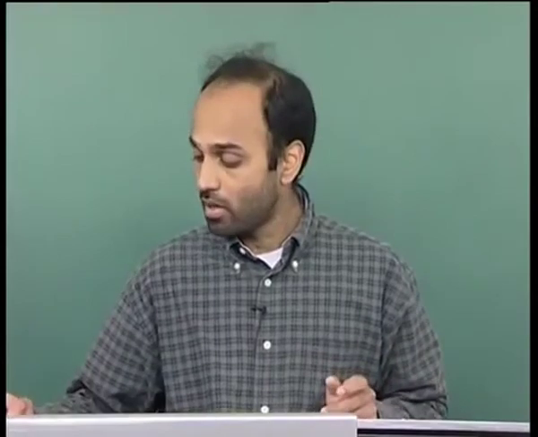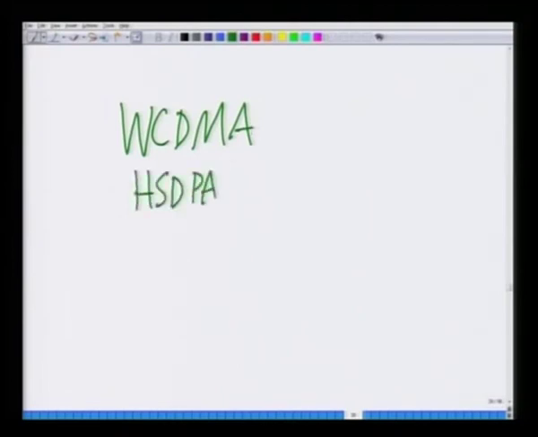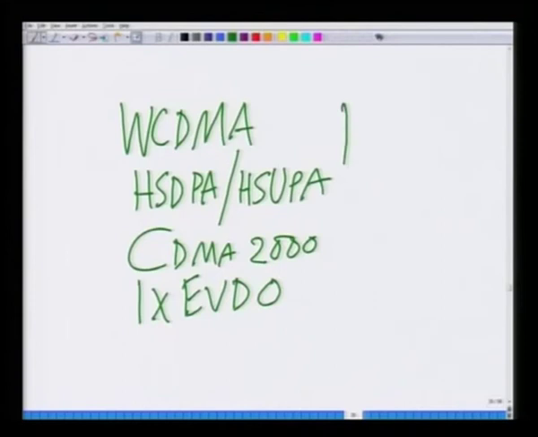We said 3G systems are all based on CDMA, namely WCDMA, HSDPA, HSUPA, and also CDMA 2000 1X, EVDO, and so on and so forth. All these are based on CDMA. Hence, CDMA is a key technology.